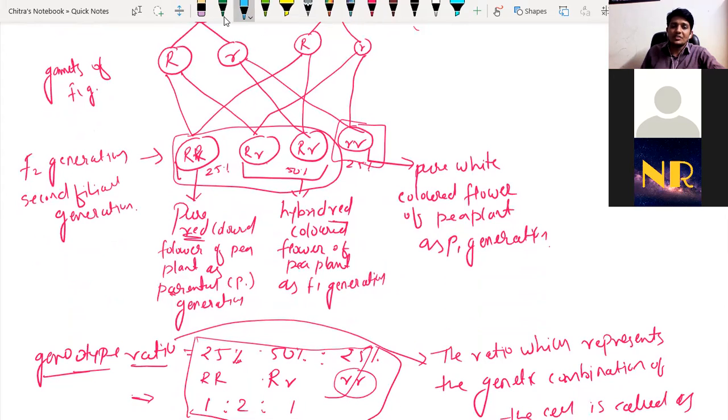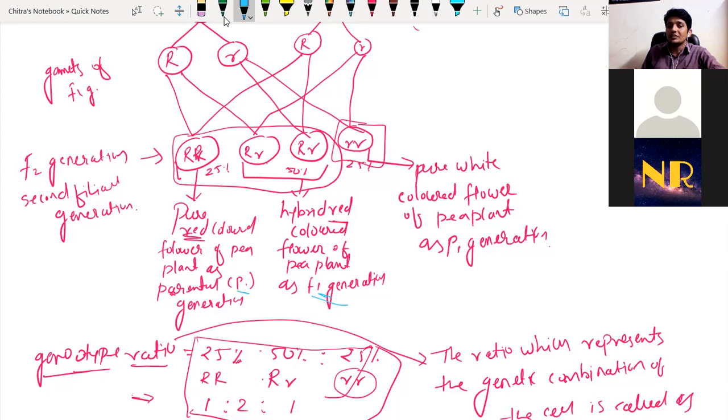Next, if capital R fuses with small r, it forms capital R small r. And if the small r of the male plant fuses with the capital R of the female plant, it again produces capital R small r. These are red colored flowers, but hybrid red as in F1 generation, while the earlier one is pure red as in the P1 generation, the parental generation.